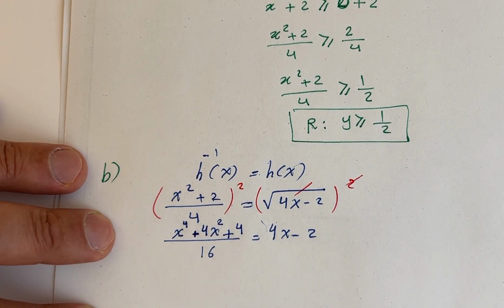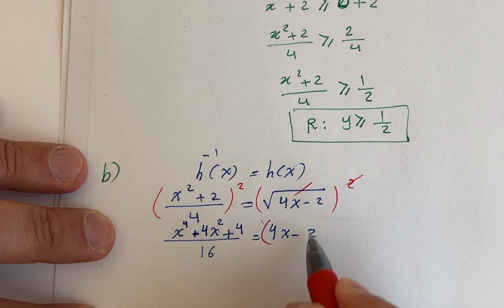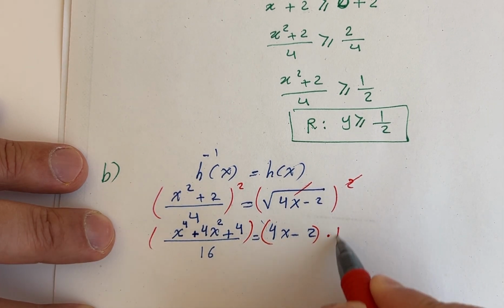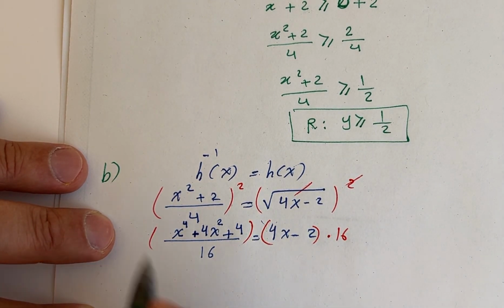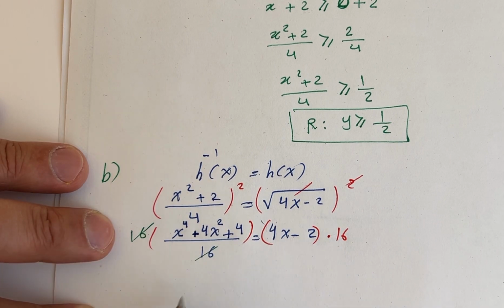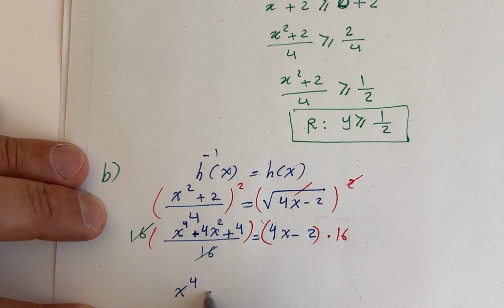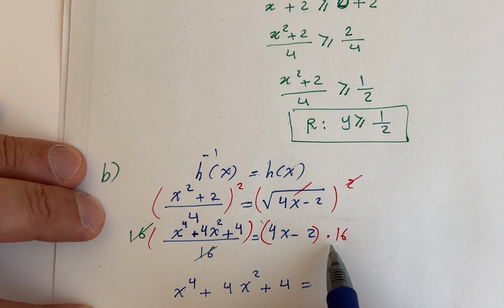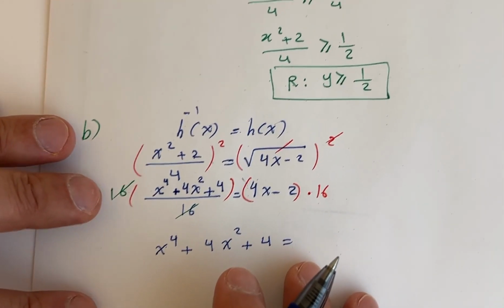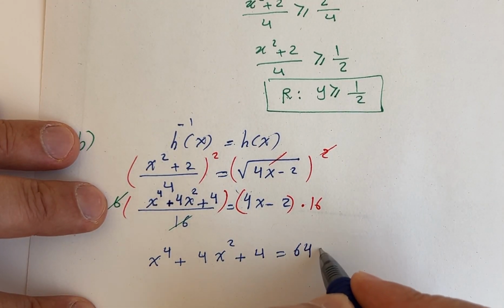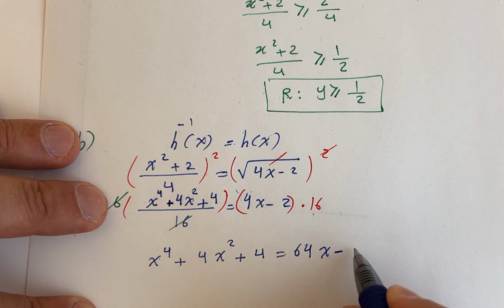Now let's multiply both sides by 16. If I multiply both sides by 16, I will cancel this 16 here. So I will have x power 4 plus 4x squared plus 4 equals 16 times 4x, 64x, minus 16 times 2, 32.